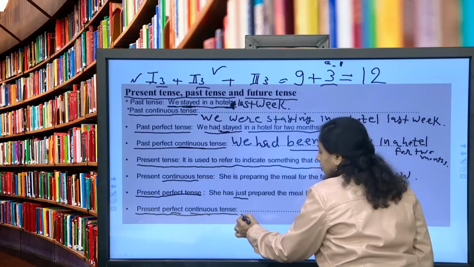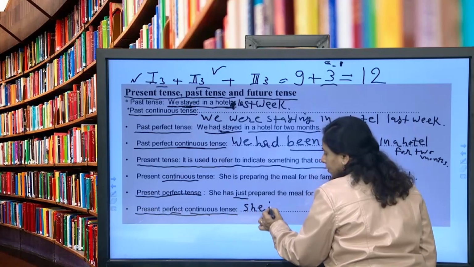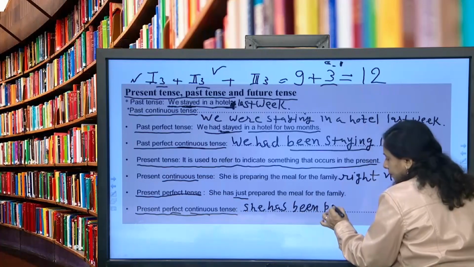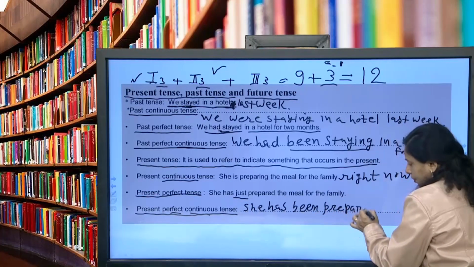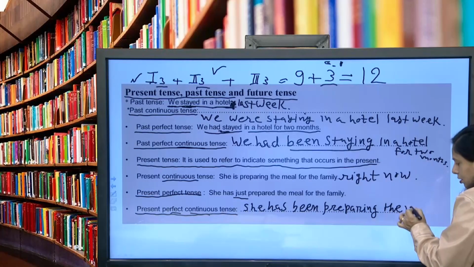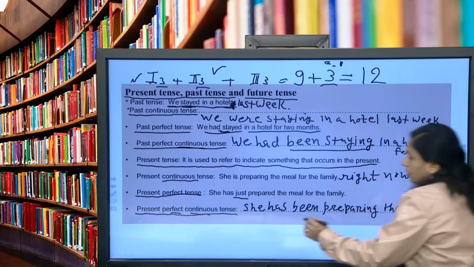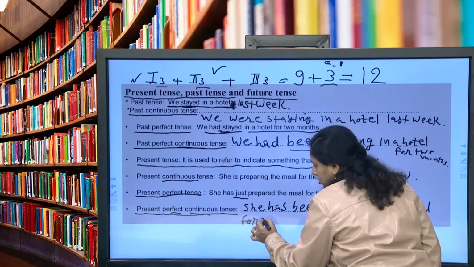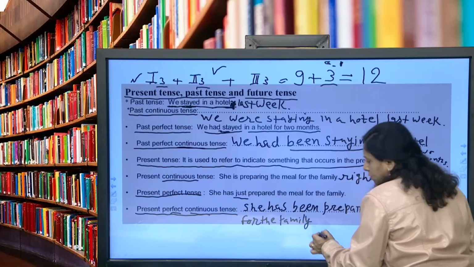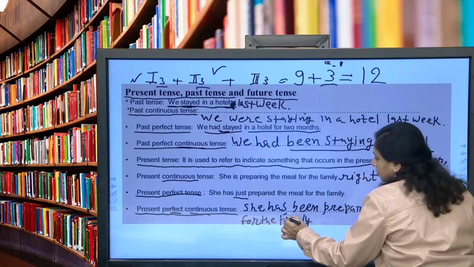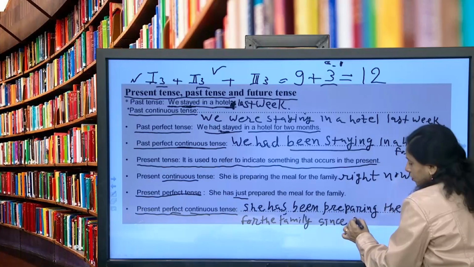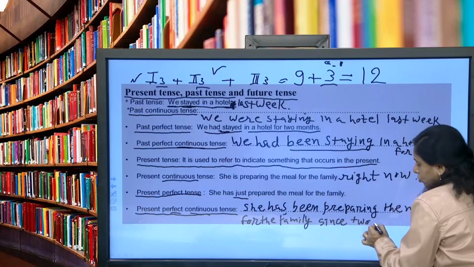As for example, she has been preparing the meal for the family since 2 o'clock.